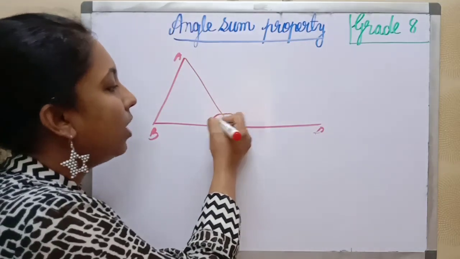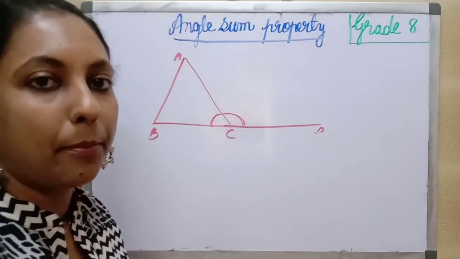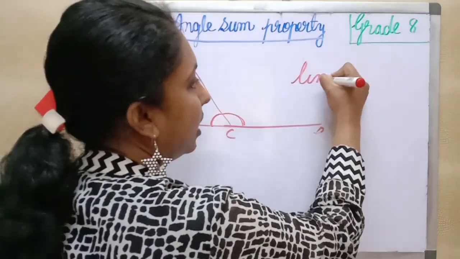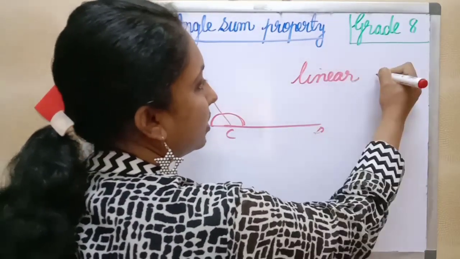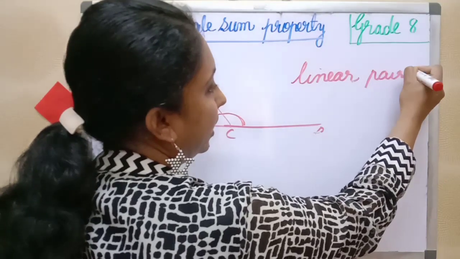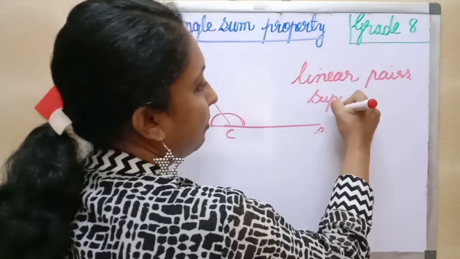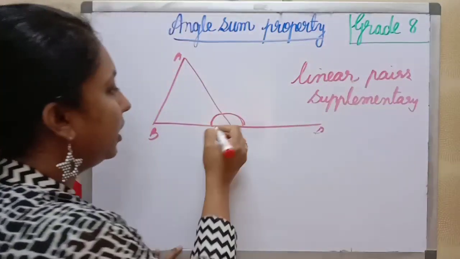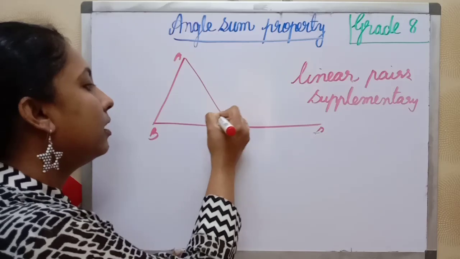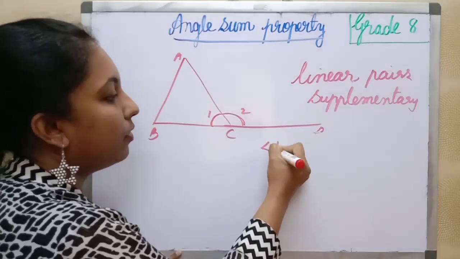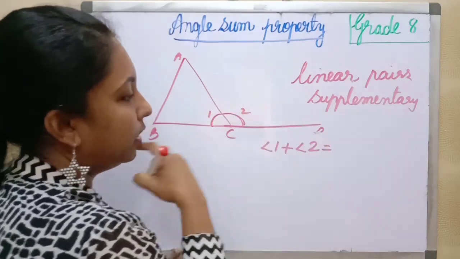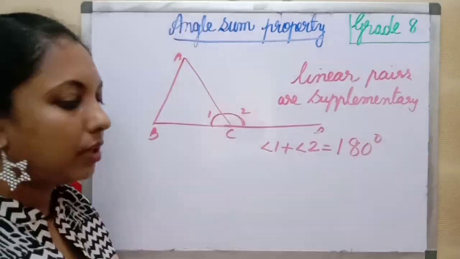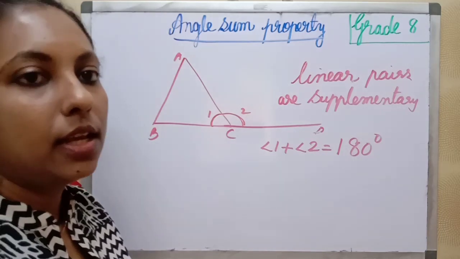These two angles are always supplementary. Linear pairs are supplementary. That means, if these are angle 1 and angle 2, angle 1 plus angle 2 is equal to 180 degrees.